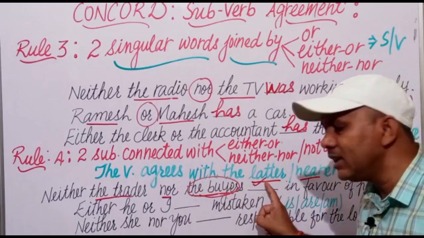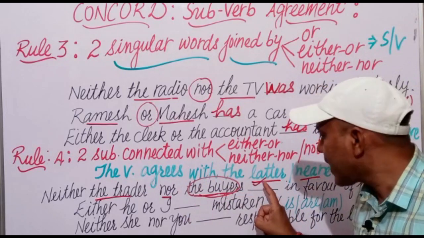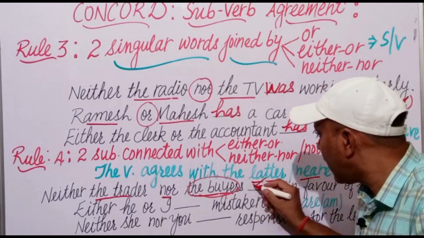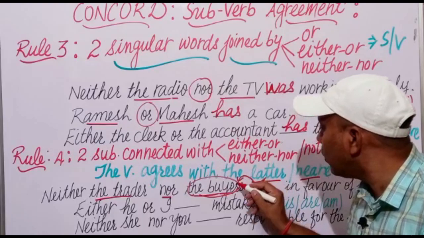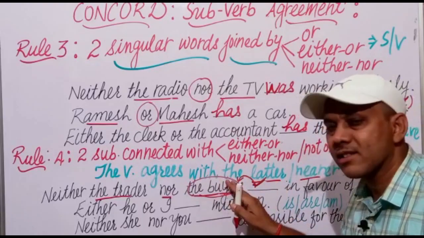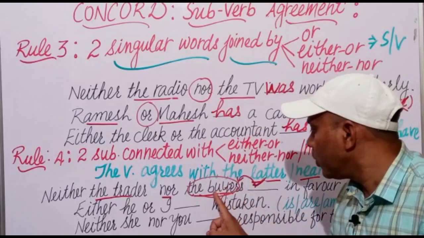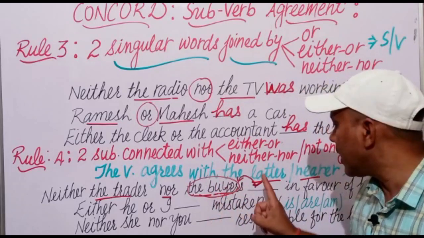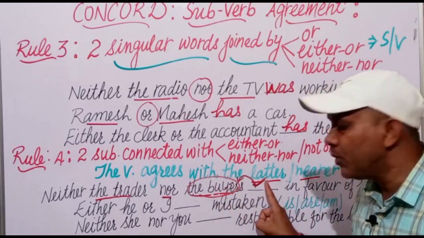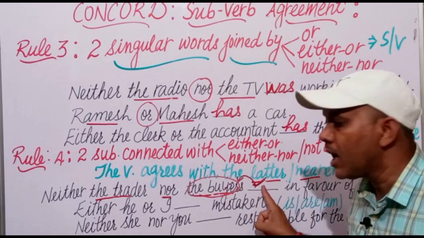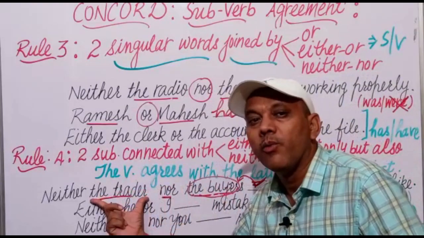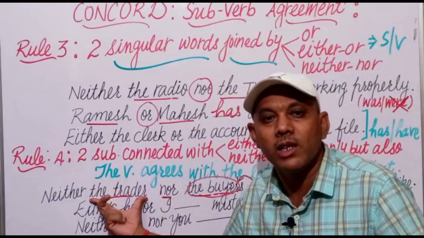We have to fill in the verbs here. We shall use this verb agreeing with the later or the nearer subject, the buyers. Being the plural subject, we shall use a plural verb here. We shall not use a singular verb according to this former subject, which is a singular subject.